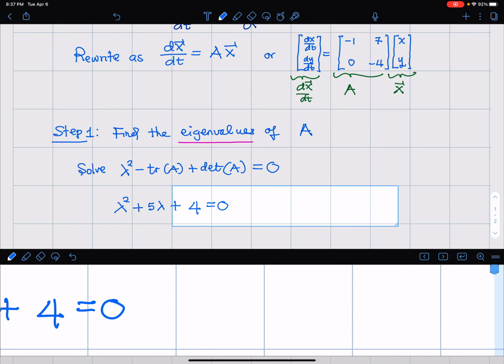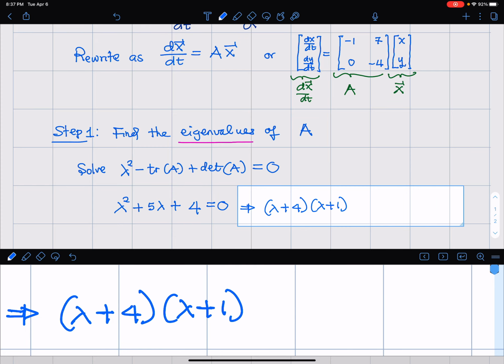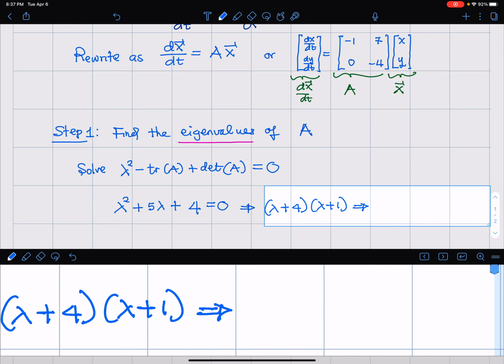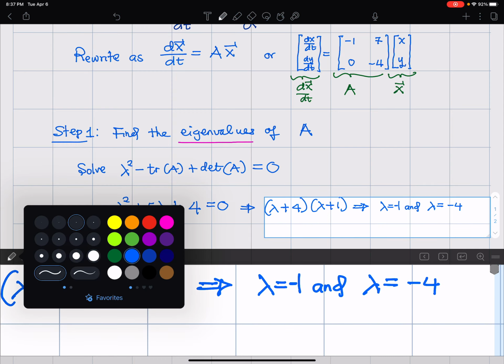Can we factor this? We can factor it as lambda plus 4 times lambda plus 1. So this tells us that our eigenvalues are lambda equals negative 1 and lambda equals negative 4. These are our eigenvalues.